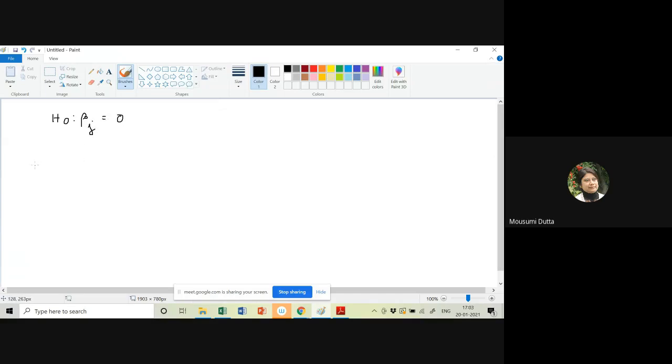Now this is equivalent to, since beta hat j is the unbiased estimator of beta j, expectation of beta hat j is equal to beta j, divided by standard error of beta hat j.